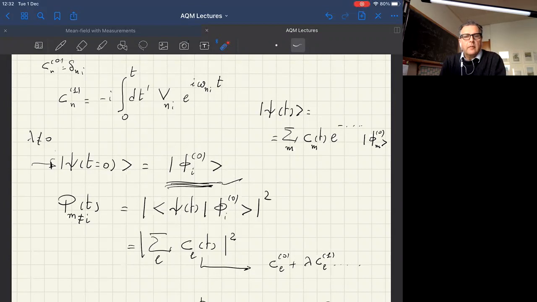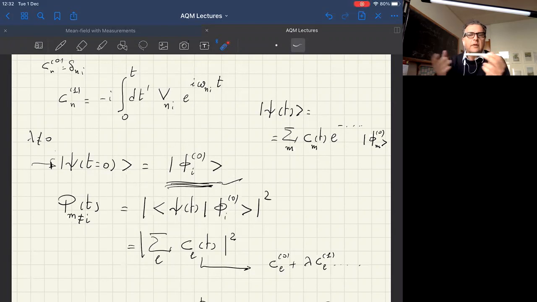So the initial time can be whatever. I wanted to consider a relevant situation in which the perturbation is switched on at a given time. It's like you have an atom in the ground state, and you shine light. At a given time the perturbation is switched on.